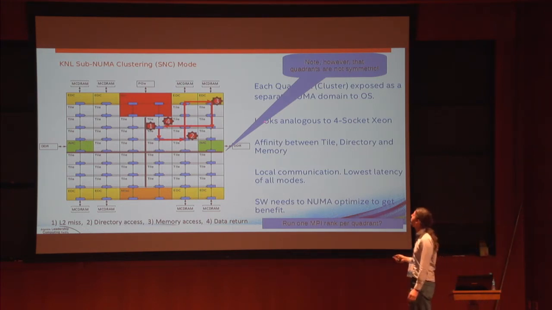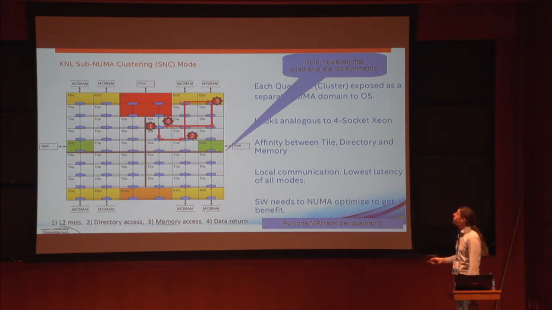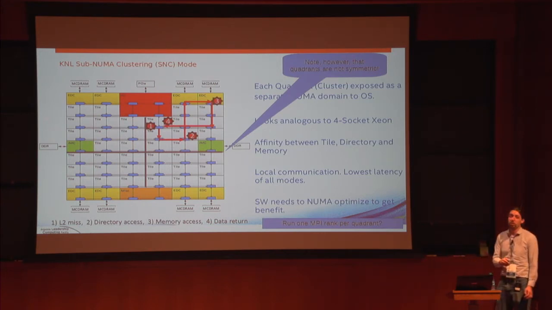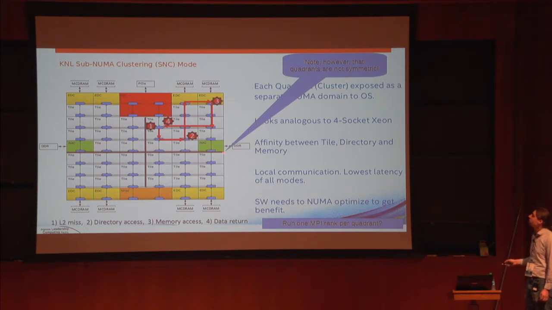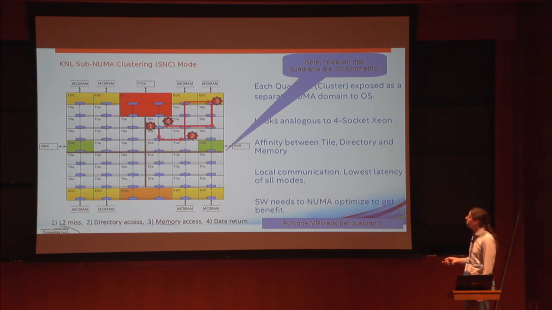It also has some hidden disadvantages. One hidden disadvantage of this mode, in which each of these quadrants is explicitly exposed to software as a NUMA domain, is that the quadrants aren't symmetric. You'll notice there are 2 memory controllers that sit in 2 of the quadrants and not in the other 2. And this can lead to observable effects.